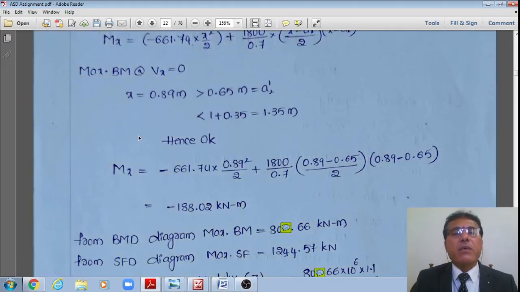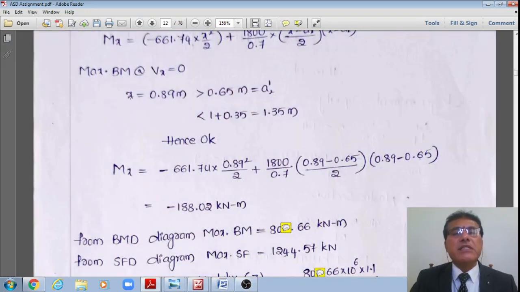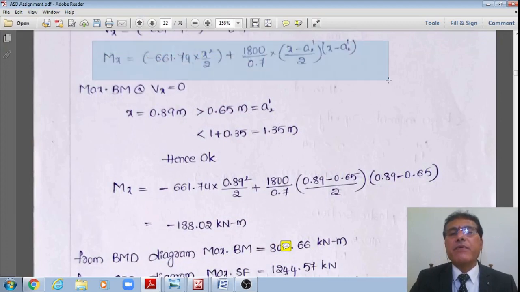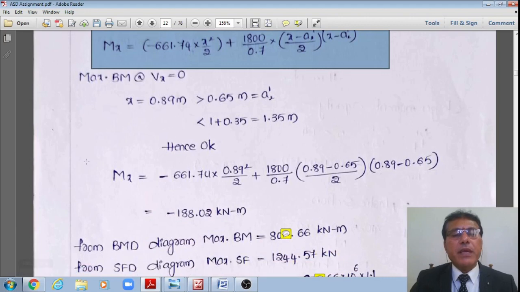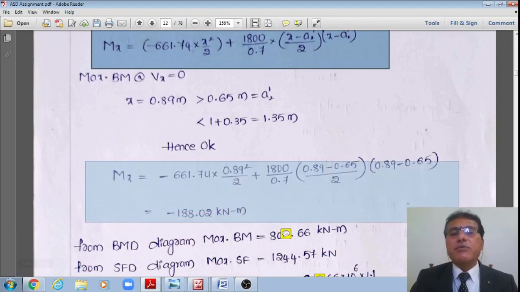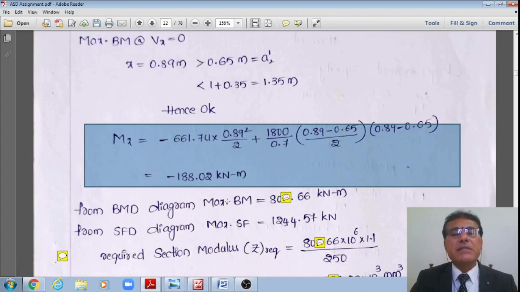Once I get this 0.89, I'll substitute into the above formula for analyzing the design forces under the second column. M2, the maximum bending moment under the second column, upon substitution gives 188.02 kilonewton meter.